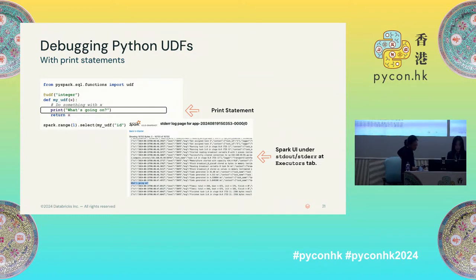This approach allows us to track what's happening inside of the UDF on each executor. Just note that debugging this way can produce a lot of logs, especially with larger data sets. So the best way to use the print statement here is to only output the information that you actually need. For instance, you would like to add an if statement before printing out the log.